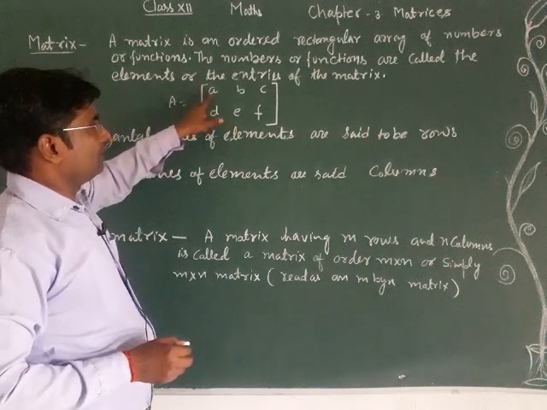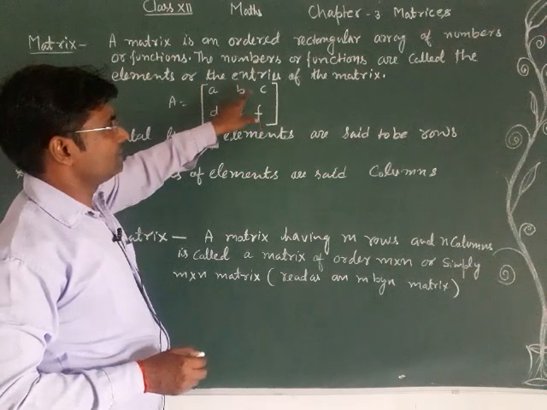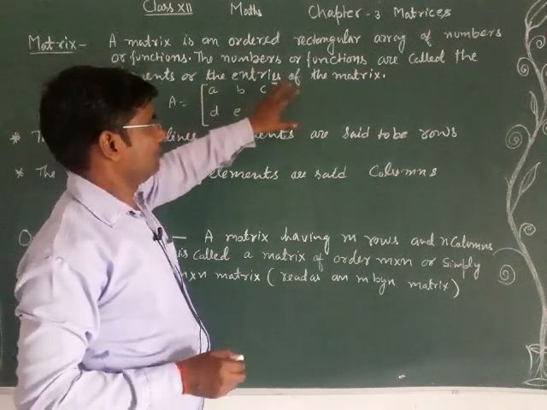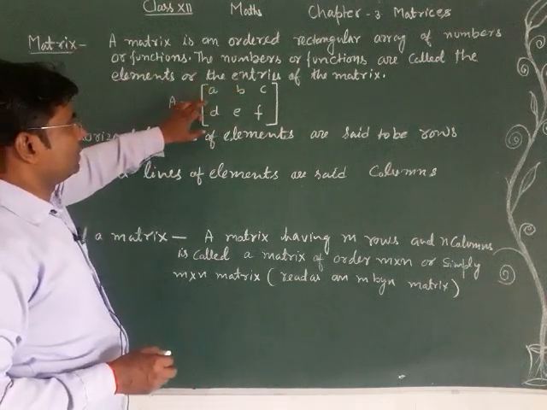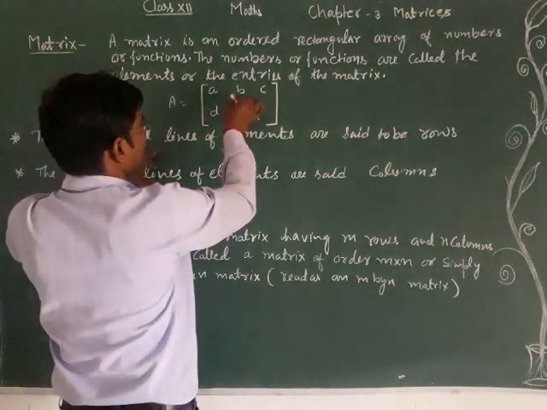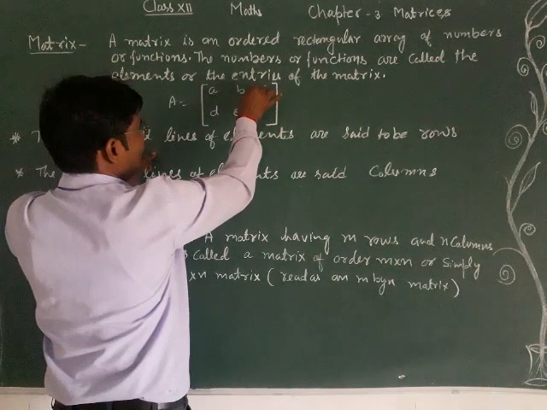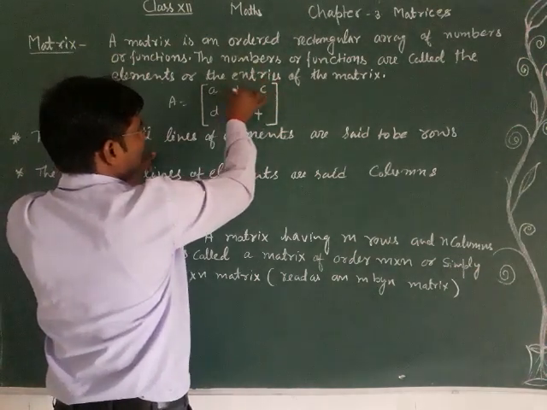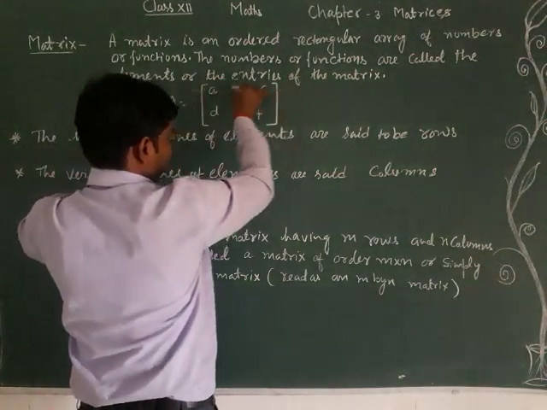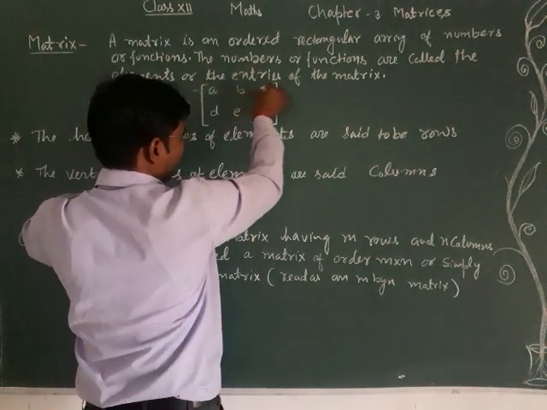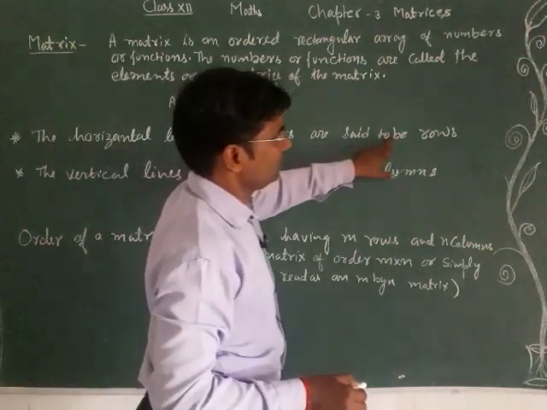These entries are called elements of the matrix. So now a, b, c is a horizontal line of elements, said to be a row.